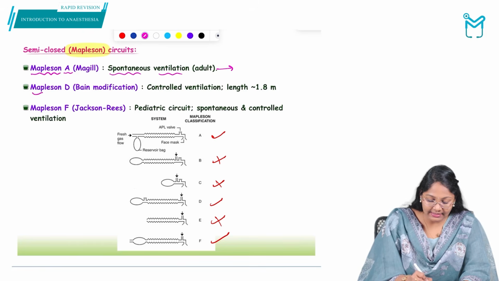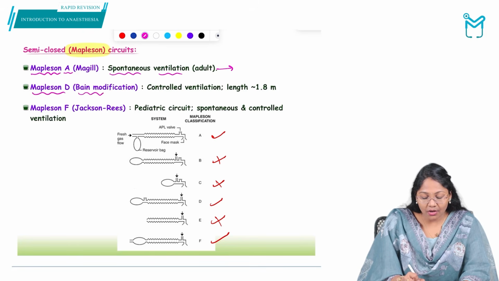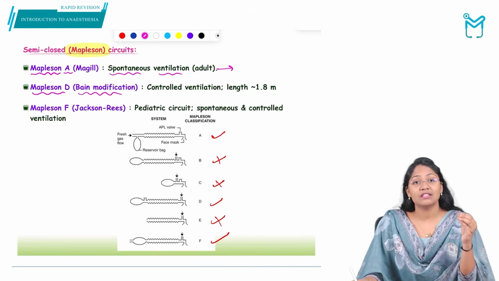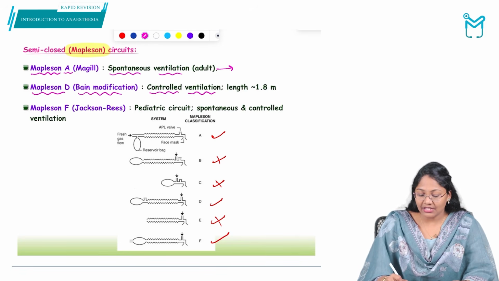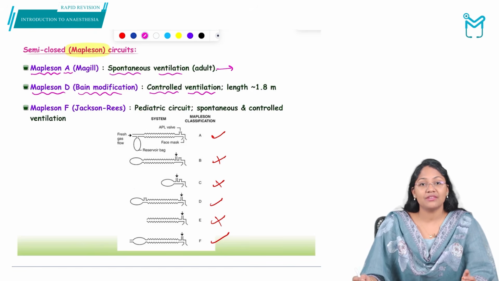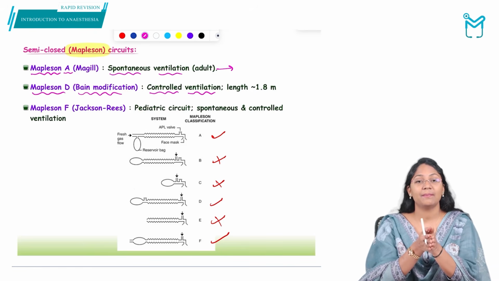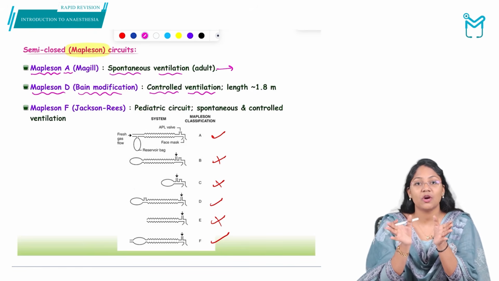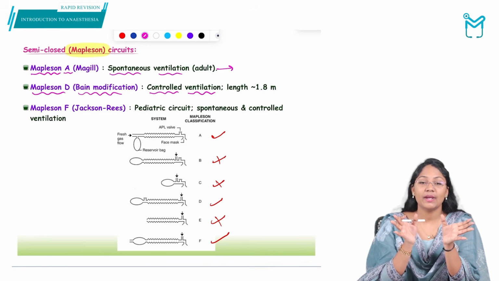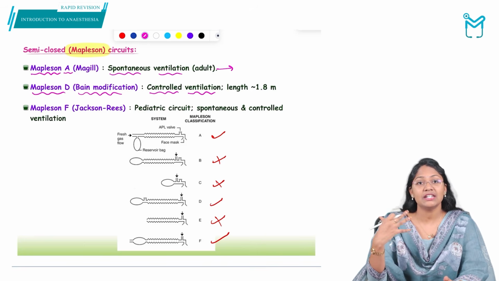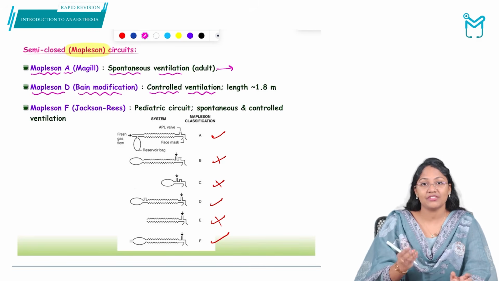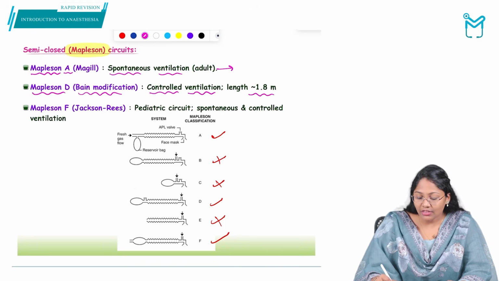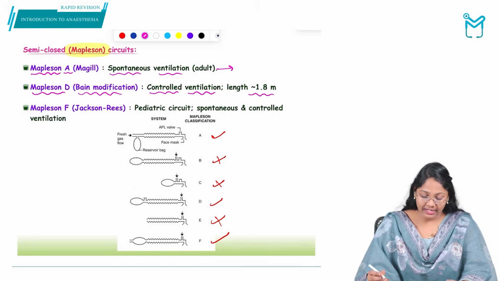Coming to the Mapleson D, which is also called the Bain circuit because he is the one who modified it. So here we give the patient controlled ventilation. We are giving the ventilation to the patient. That is the difference between spontaneous and controlled ventilation. Spontaneous is where the patient is able to breathe on his own, but controlled is where we are giving the patient ventilation. And the length of it is 1.8 meter.